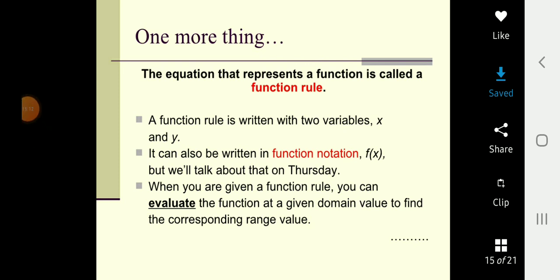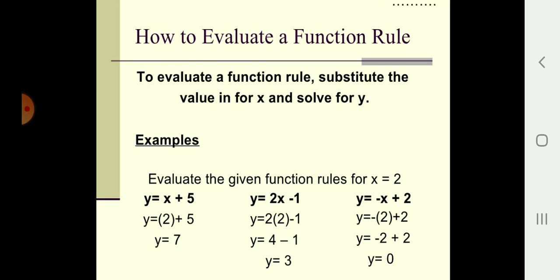When you are given a function rule, you can evaluate the function for a given domain value to find the corresponding range value. To evaluate a function rule, substitute the value in for x and solve for y.